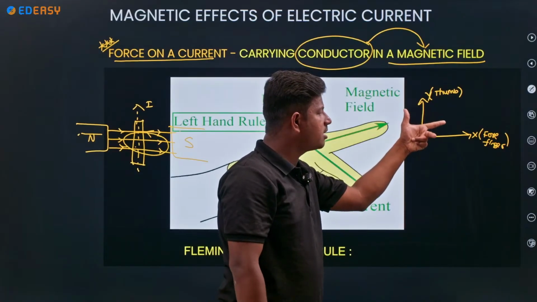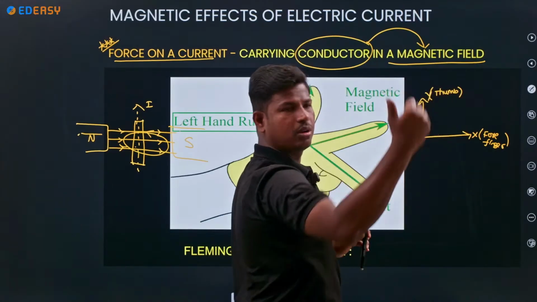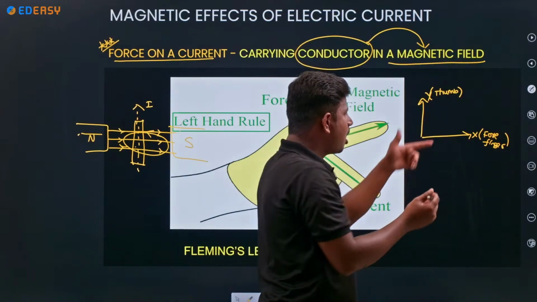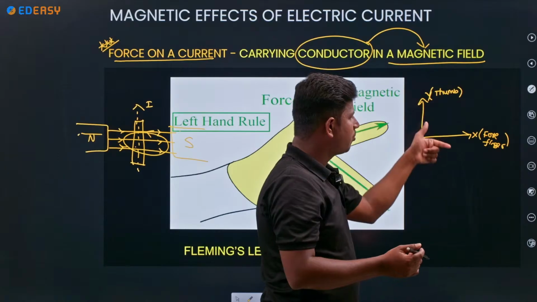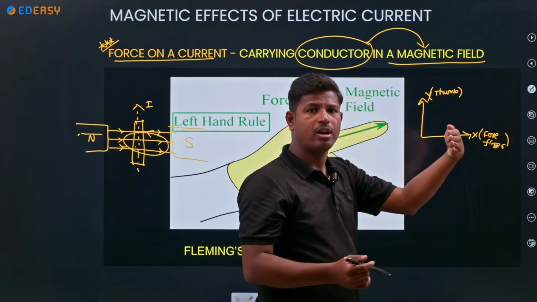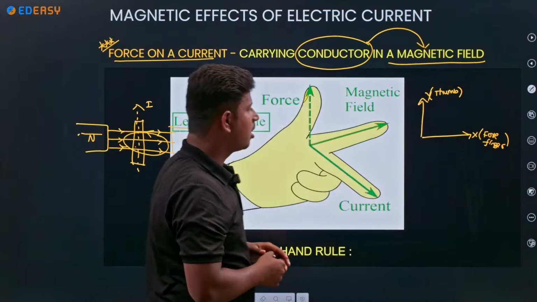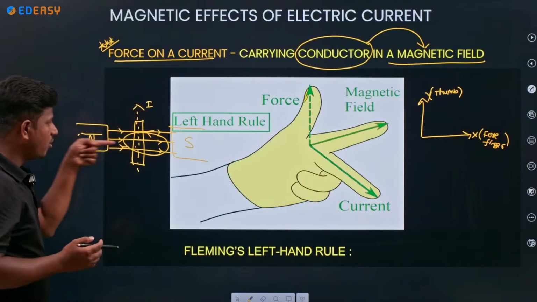And one more finger is there, the middle finger, which points towards you. So the forefinger, thumb and middle finger pointing towards you are all perpendicular.